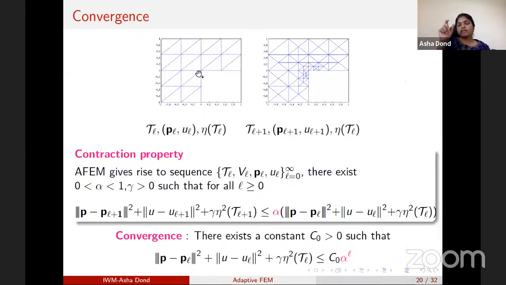So at each level, we have to show that your error is reducing, with alpha between 0 and 1. If it is true, then obviously we can use this result recursively, and in general we get that the total error is bounded by alpha raised to L, where alpha is between 0 and 1 and L denotes the number of iterations. So this number will tend to 0, and we will get the convergence.